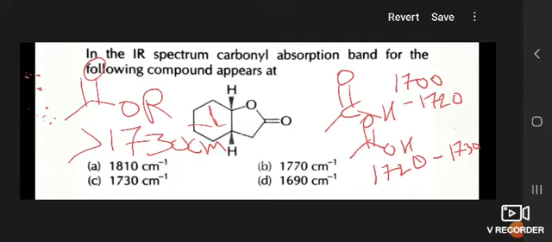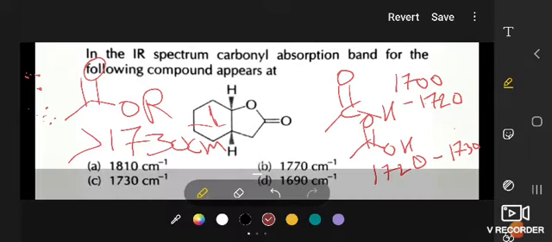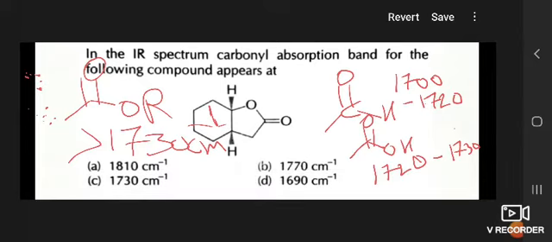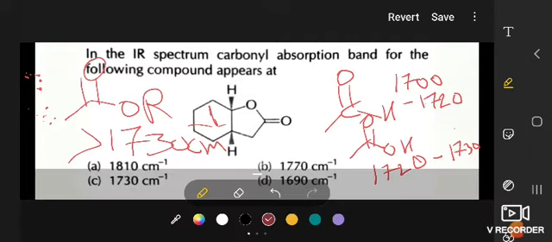We know that cyclic esters are called lactones and cyclic amides are called lactams, and they have different IR stretching frequency for the carbonyl group. So first of all we will consider how the IR stretching frequency of the compound for ester carbonyl changes when it is in the cyclic form. So take a look here.